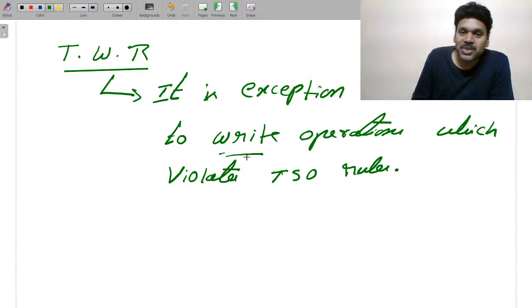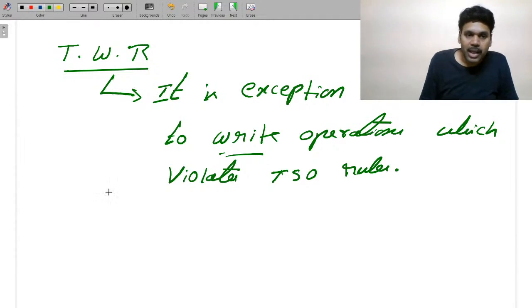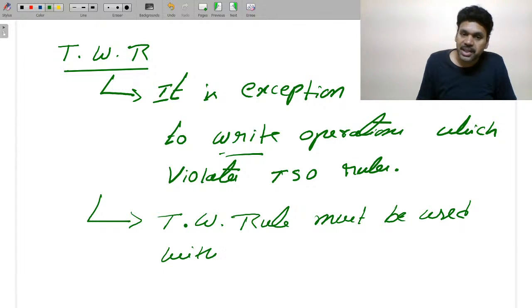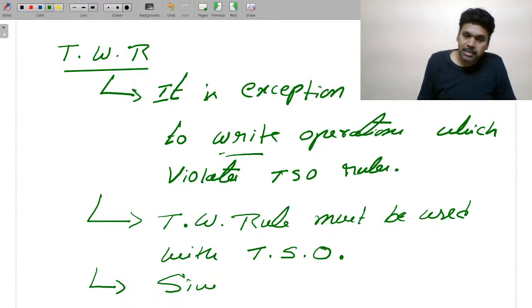Now you observe, what is the meaning of write operation? And point number 2 is that the Thomas Write rule must be used with timestamp ordering, similar to TSO only.